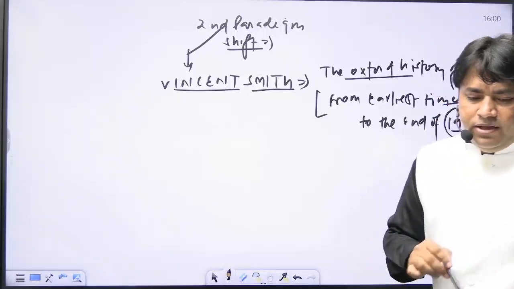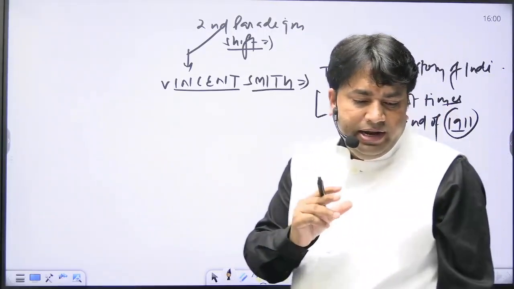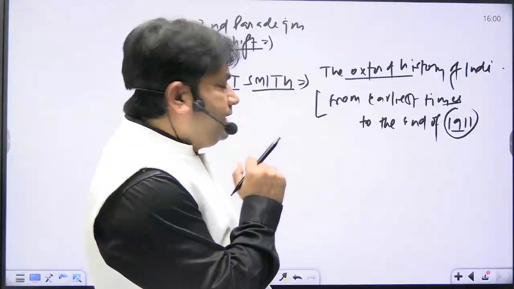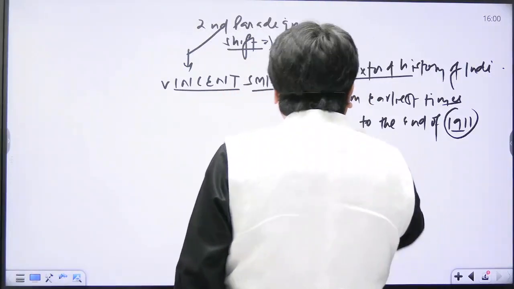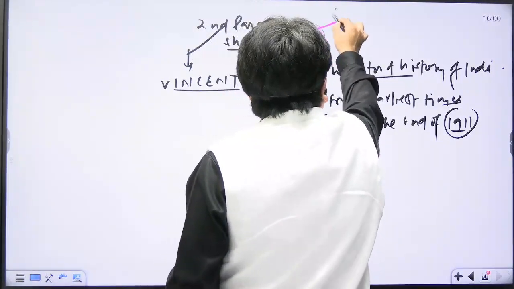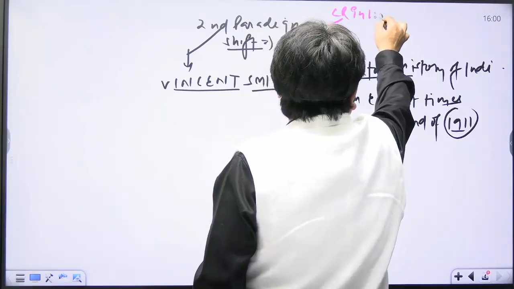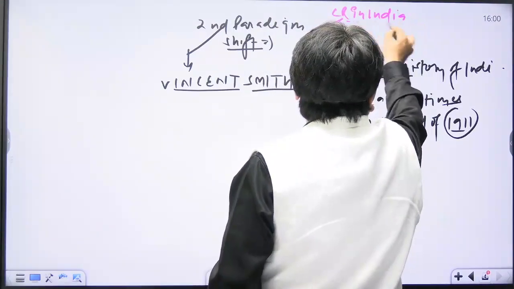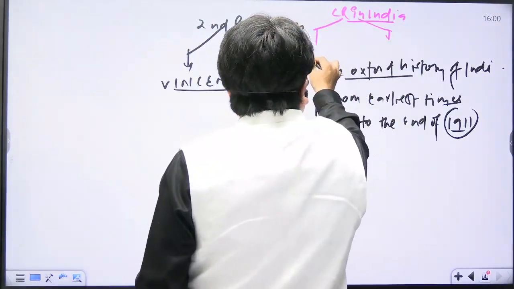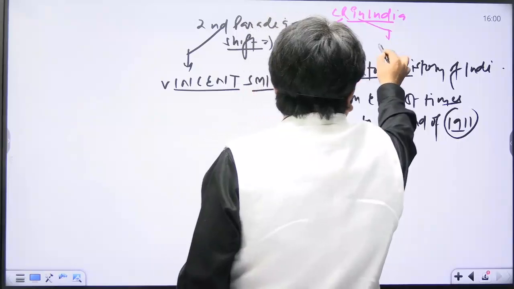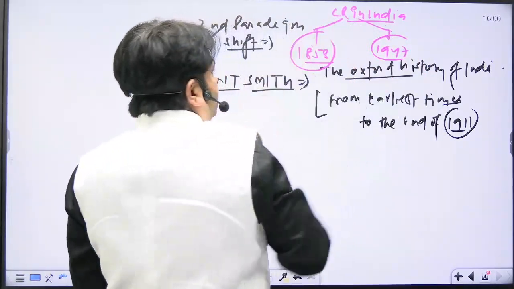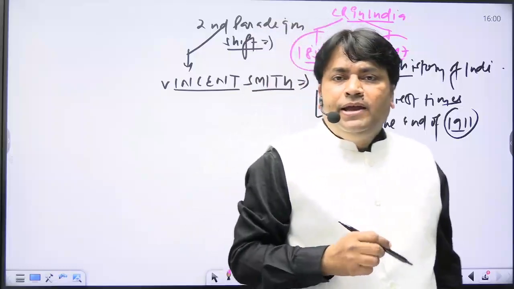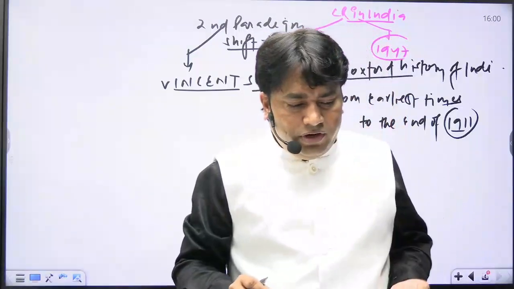I hope you are noting the time period, 1911. What is this time? Direct British rule in India. This is also the period of Crown rule in India, which we call direct British rule, and the time period is from 1858 to 1947.